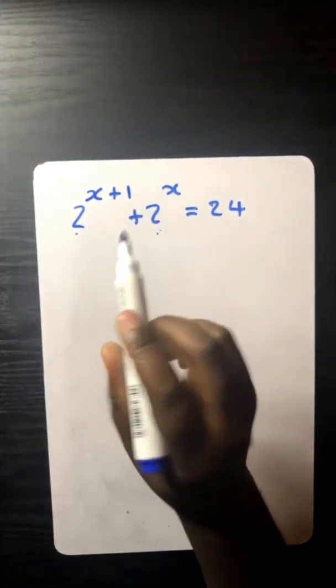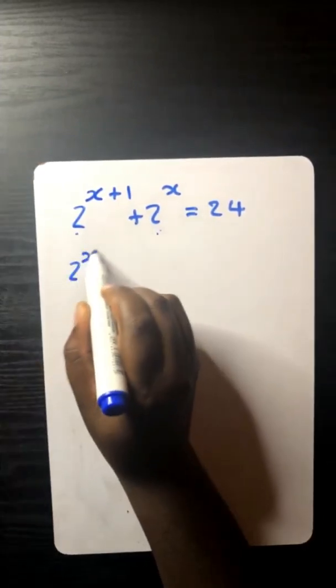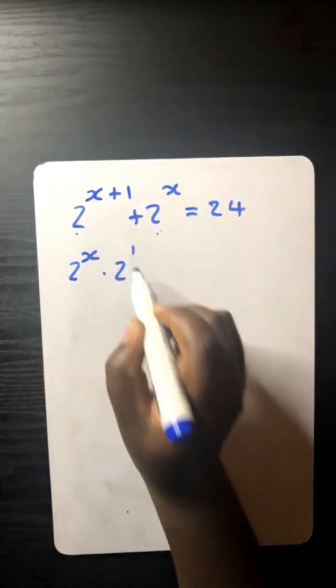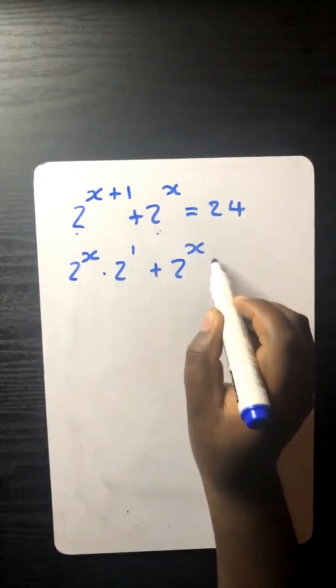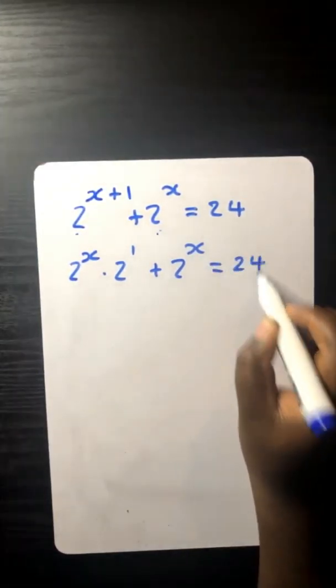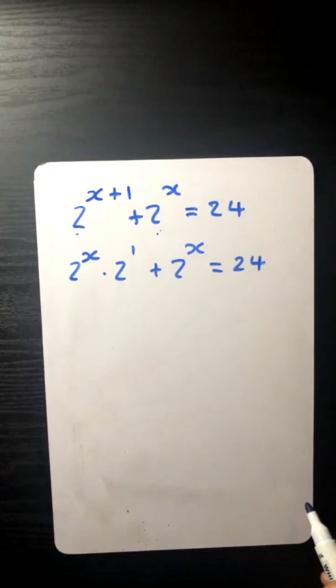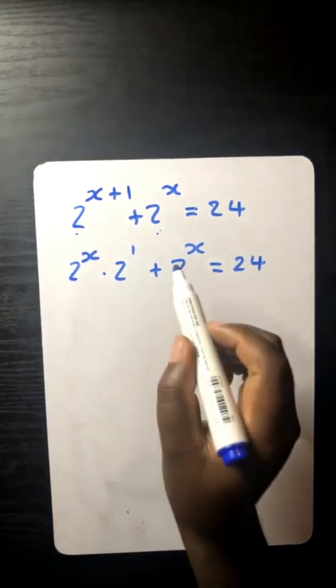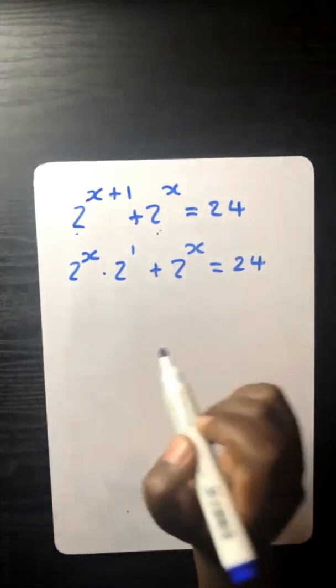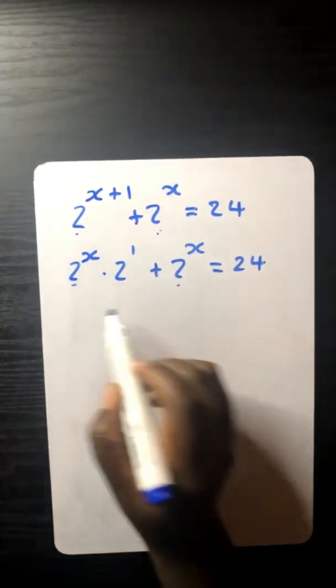For that reason, separate the exponents. So after separating the exponents, you can take out that as a common factor.